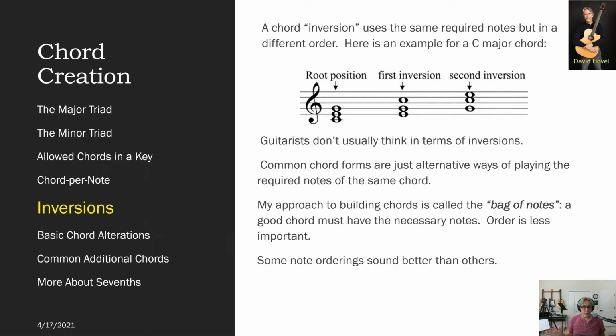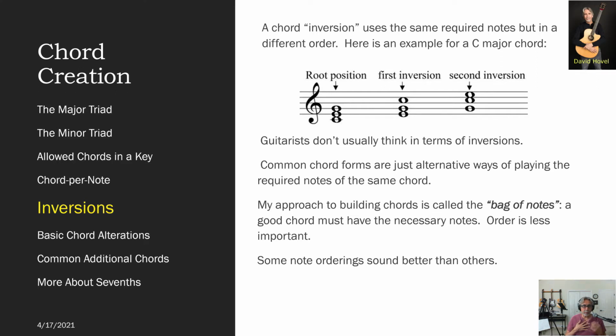Guitarists don't usually mess with inversions. We think in terms of block chords. These can be very useful if you're doing an instrumental or if you're trying to accompany things, but I'm not going to get into that. These forms are just alternate ways of playing the same chord. My approach is simple. When I build chords, I think of the notes that I need to play as a bag of notes.